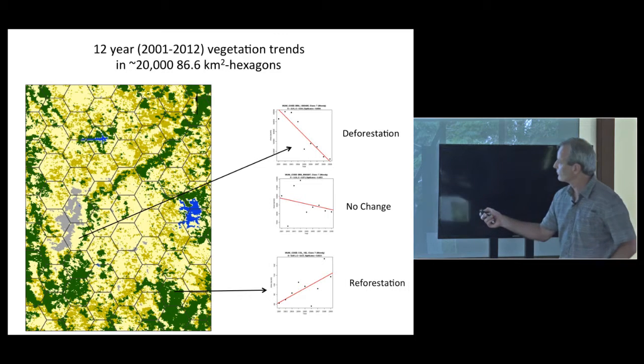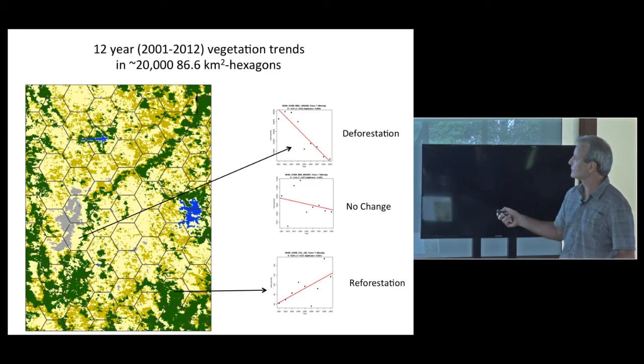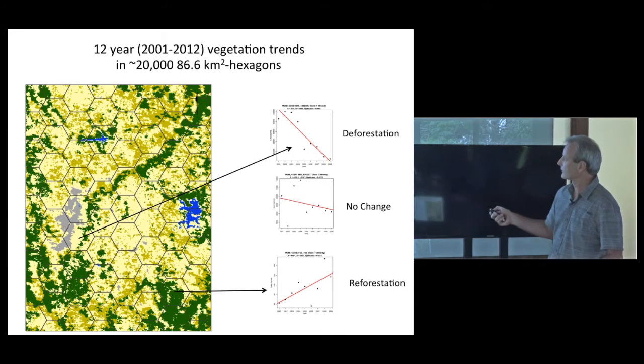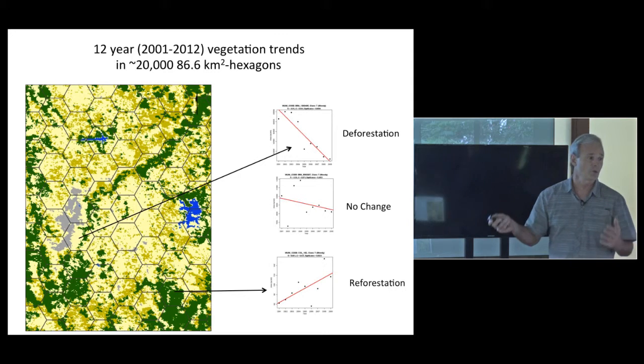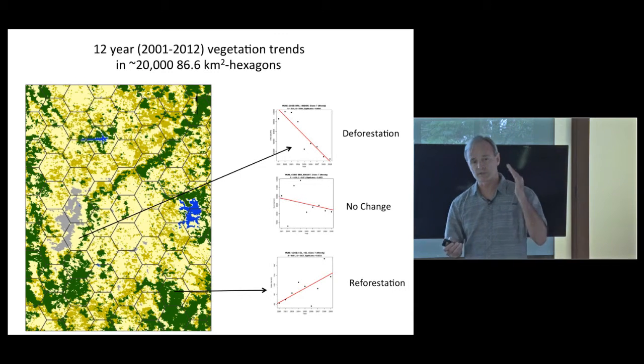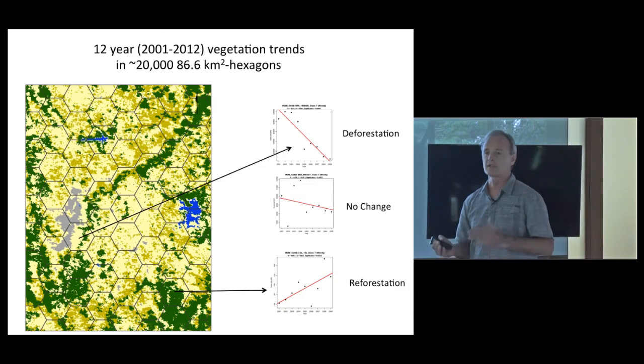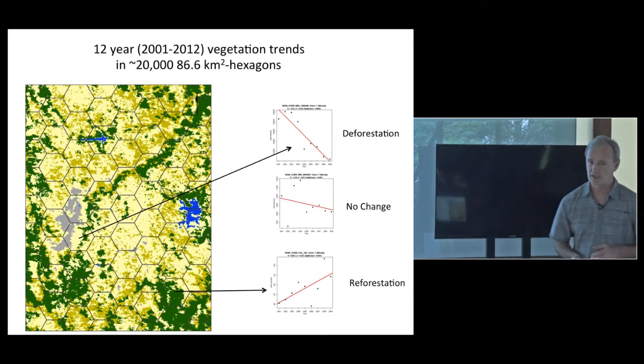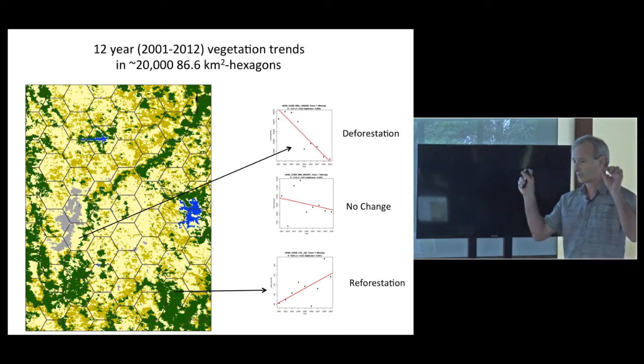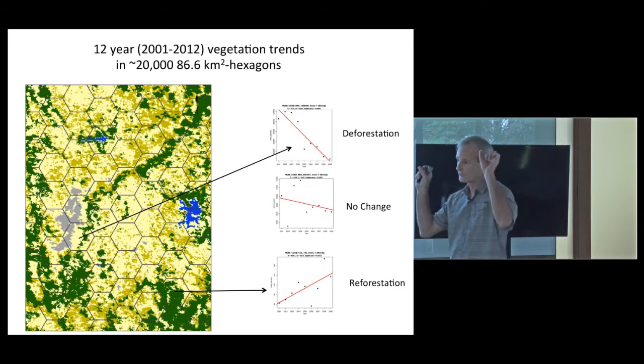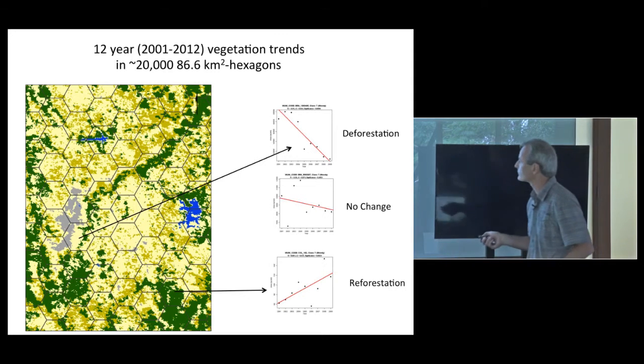And then for each municipality or each hexagon, we look at the relationship or the correlation over those 10 or 12 years to see if there was a significant trend in the change of the vegetation. Again, we're not taking just two points. We're using all the data from all the years.